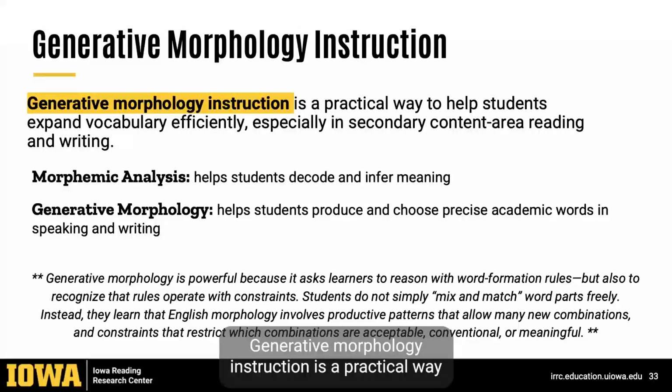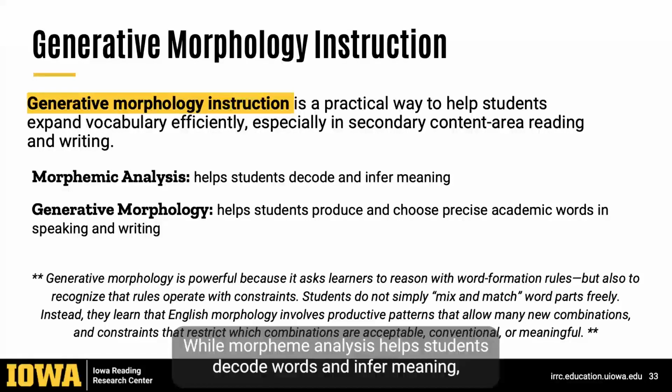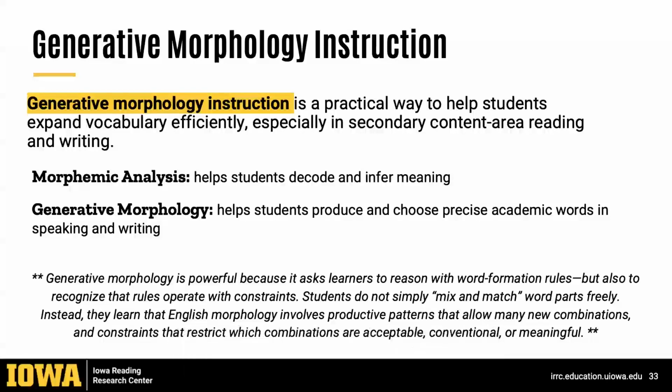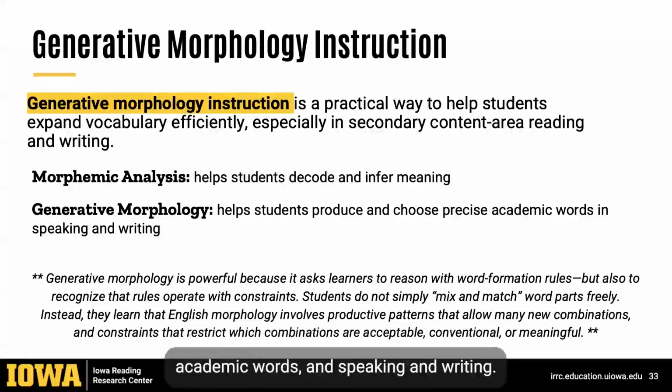Generative morphology instruction is a practical way to help students expand vocabulary efficiently, especially in secondary content area reading and writing. While morphemic analysis helps students decode words and infer meaning, generative morphology helps them produce and choose precise academic words in speaking and writing.